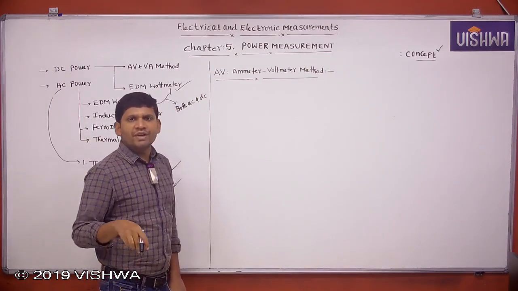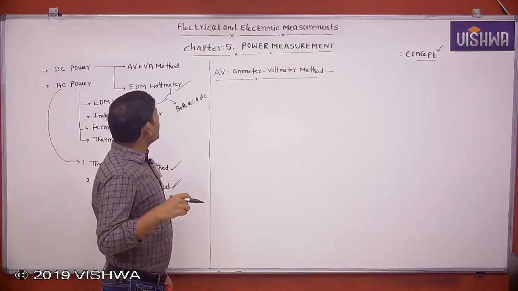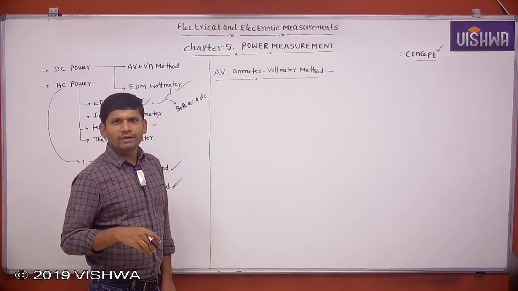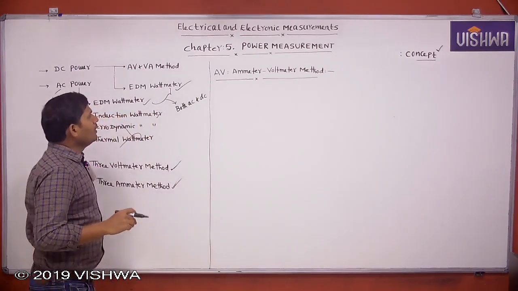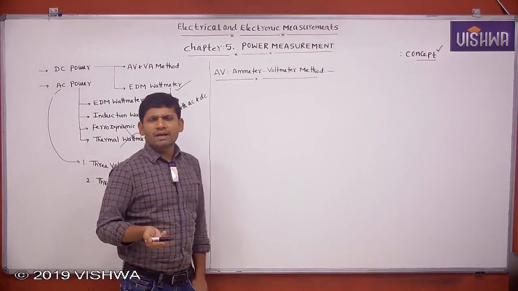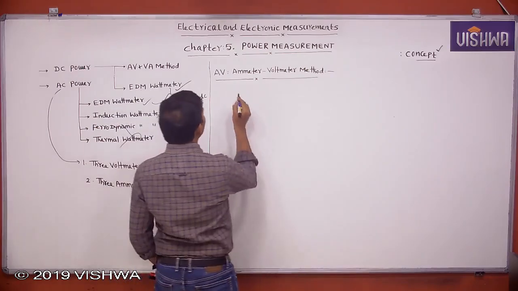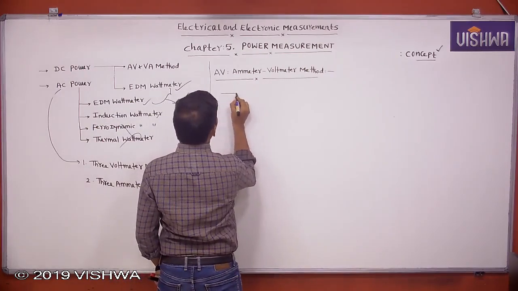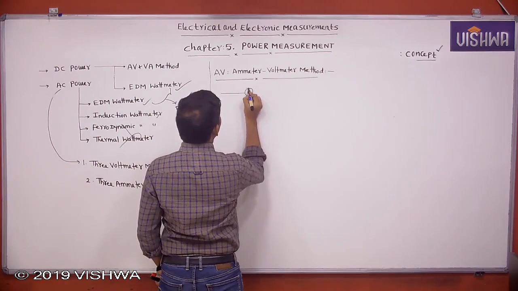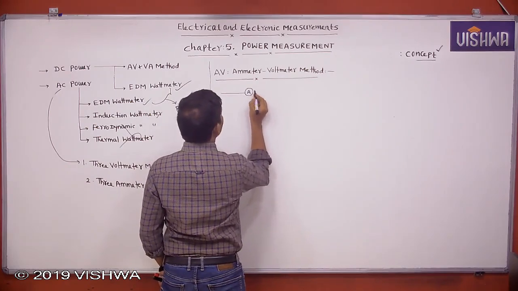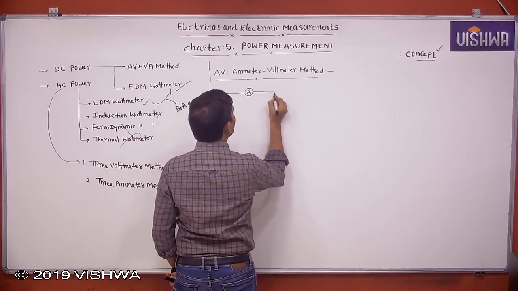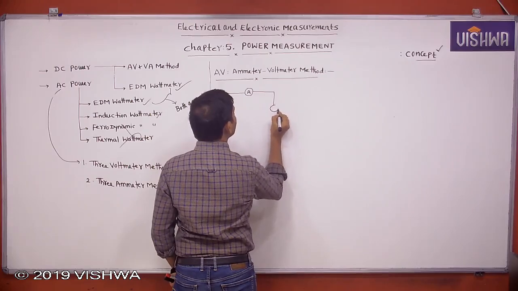The name itself indicates that first connect the ammeter, next connect the voltmeter. We know that in general ammeters are connected in series and voltmeters are connected in parallel. Ammeter is connected in series. Next connect the voltmeter, connected in parallel.